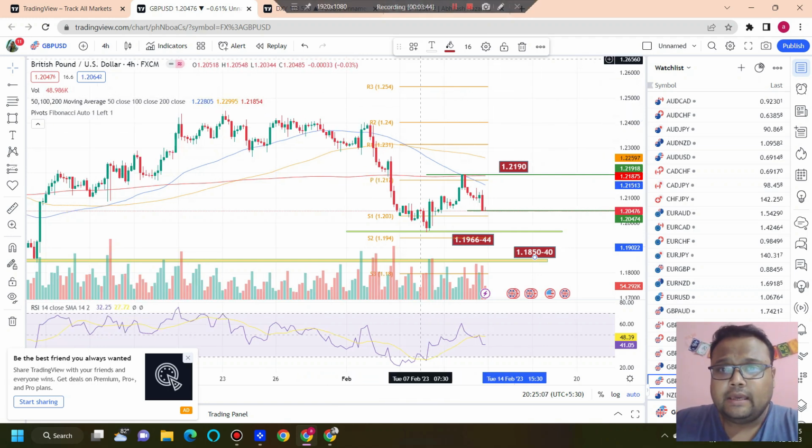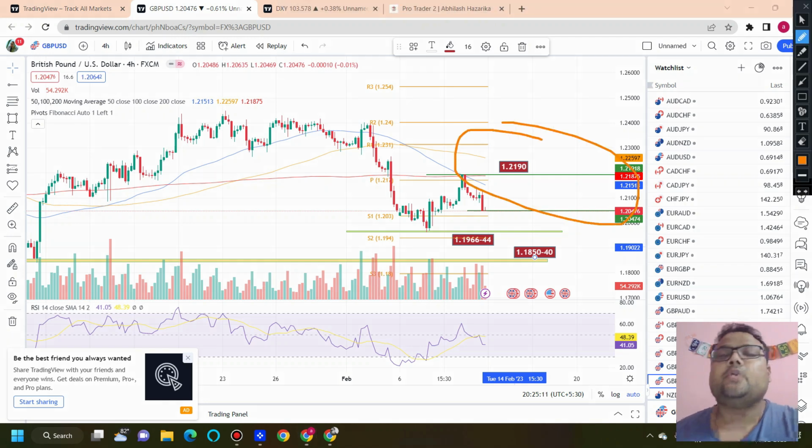And on the other hand, if you see the market going up, then yes, the resistance level of 1.2190, which acted as resistance last time, is still the resistance for us. Maybe you may see 1.2188, 1.2185 or 95, but this particular zone is the resistance zone for the market.